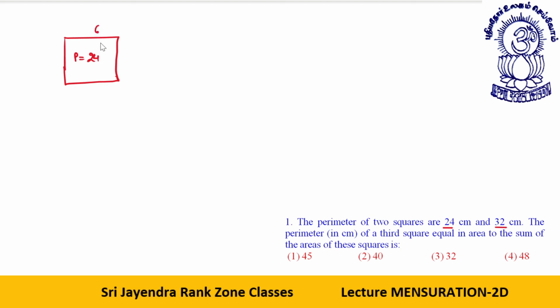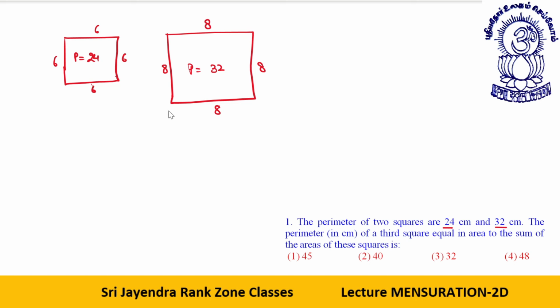Perimeter is equal to 24 means all these sides are 6. Okay, I take another square. Perimeter is equal to 32. All these sides will be 8. Okay, so far clear? Yes, it must be clear.